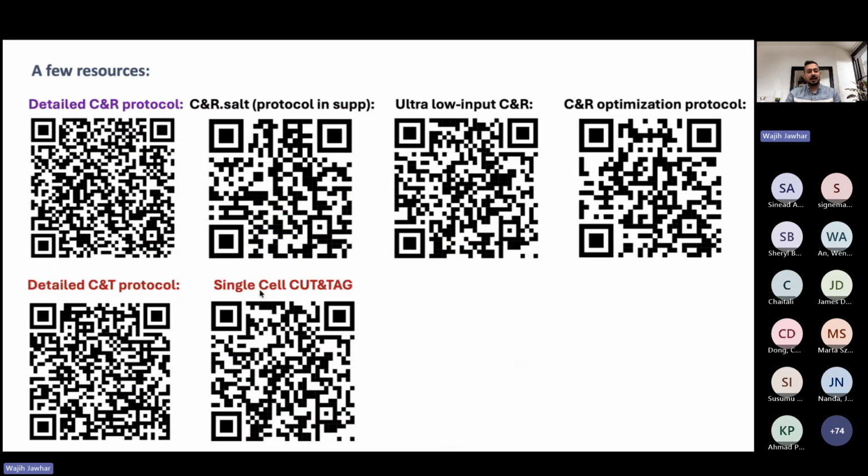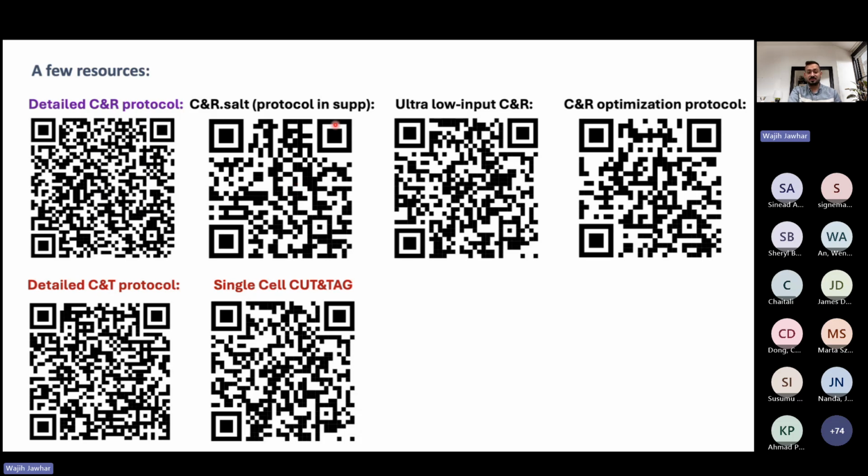And then at the end, I would like to provide you with a few resources which some of you also asked for: the detailed CUT&RUN protocol, the detailed CUT&Tag protocol, and a few optimizations such as CUT&RUN salt, if you would like to purify different epigenetic complexes that might be more complicated using the standard protocol.